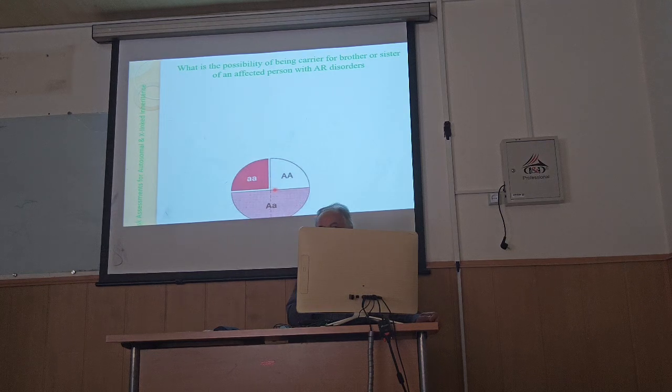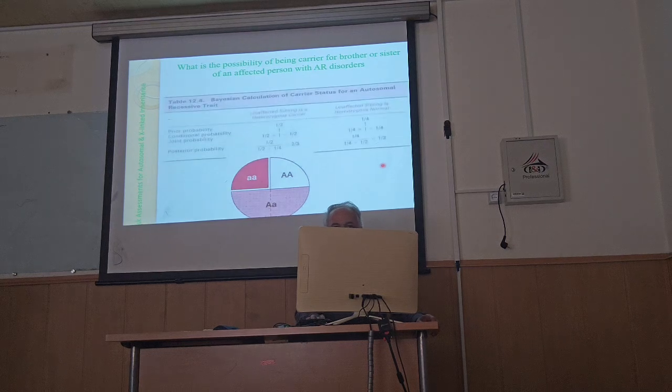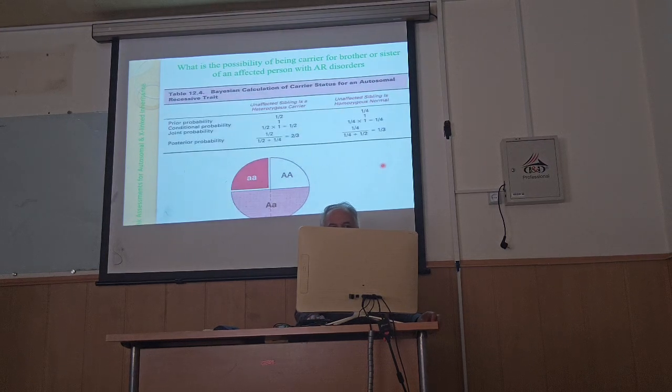So for the siblings of an affected individual, there is a chance of not 75%, but 2 out of 3 to be a carrier. If we use the rule with prior probability, conditional probability, joint and posterior probability, we will find 2 out of 3.